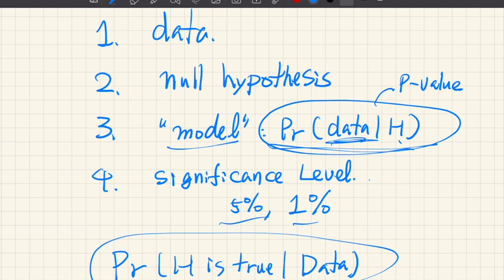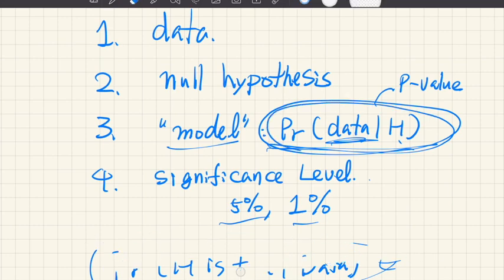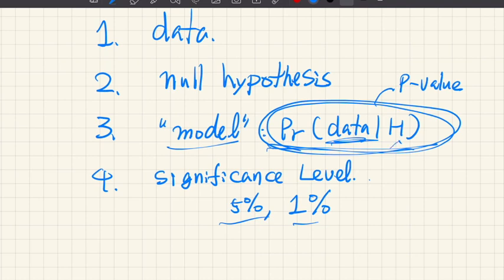There are some methods that do use this kind of approach, which we will study later. But anyway, see the problem here. If the probability of data given the hypothesis is small enough, then we reject the hypothesis, because according to the hypothesis, the probability of finding the observation is so small that it's not probable.